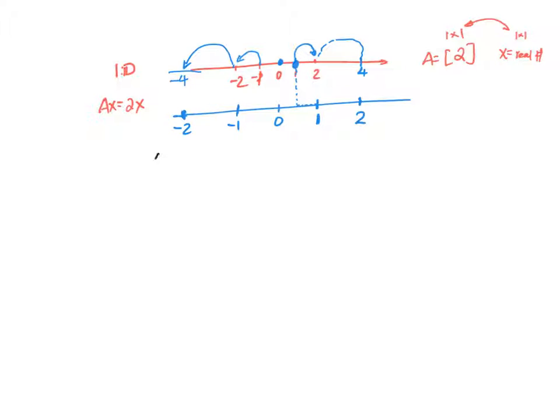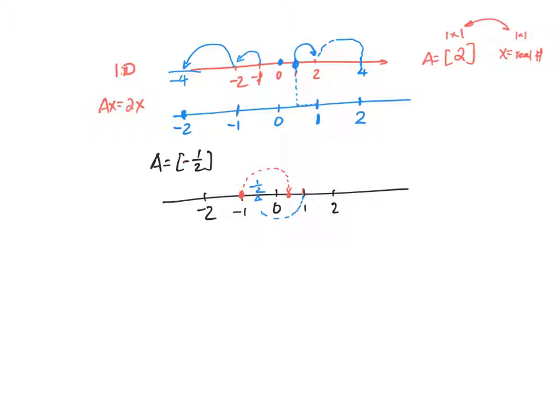Now let's name another example. Suppose a is, say, -1/2. So what will that do? I'm going to create another new number line here. In this case, -1 multiplied by -1/2 is equal to 1/2, right? It goes to here. And 1 times -1/2 goes to here, -1/2. And 2 times -1/2 travels to this point. And -2 times -1/2 travels to this point.